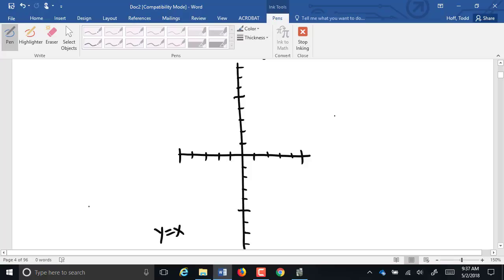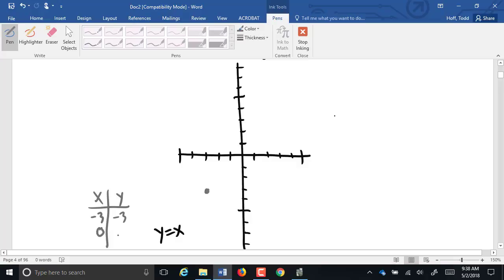So y equals x, if I wanted to make a table, I pick values for x. We're just looking at what if we know an equation is going to be a line, some shortcuts for graphing. So we know y equals x is going to be a line because there's no powers in it. And let's just pick some values for x. If x is -3, what would y have to be? Well, -3, right? Because y equals x. So x is -3, y is -3, that's a point right there.